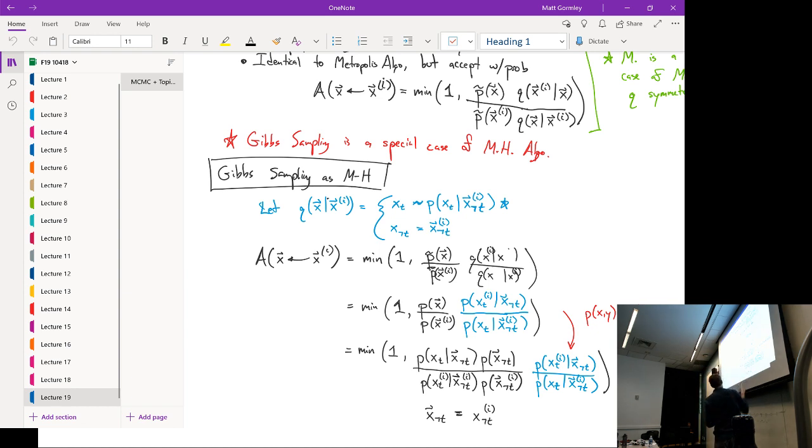So if these are exactly the same, then we can take this whole thing and say these two quantities are equal, so this whole thing is equal to 1, right? It's just the probability of x not t divided by the probability of x not t. And then the thing we need to be careful of is that xt and xti might actually be different, right? So we could write that down: xt does not necessarily equal xti.